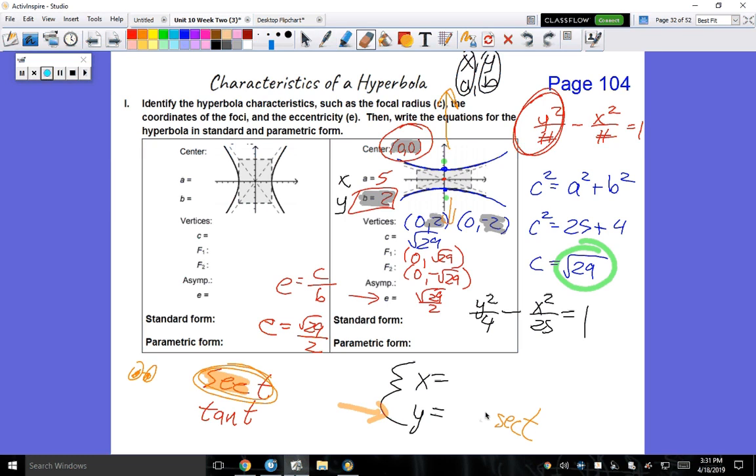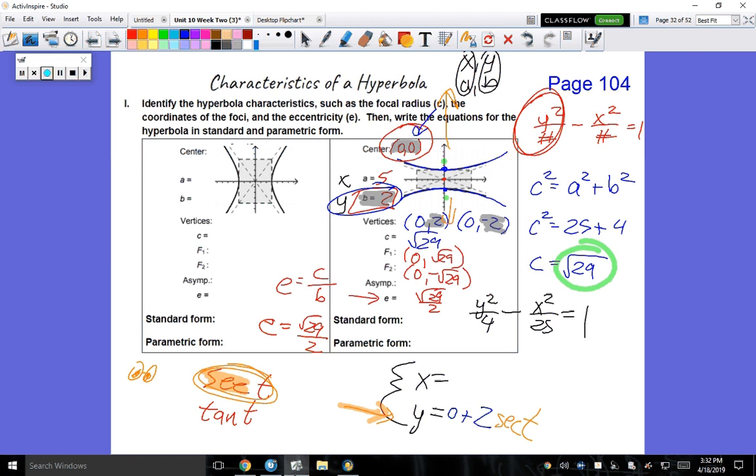What number do you think is going to go in front of secant? Remember, secant is with y. What number would be in front of secant? 2, yes. So, what's the y value, the center of the y value? 0. So if it wasn't 0, it was like 5, 8, whatever, you would put that here, and it would be that number plus 2 secant t.